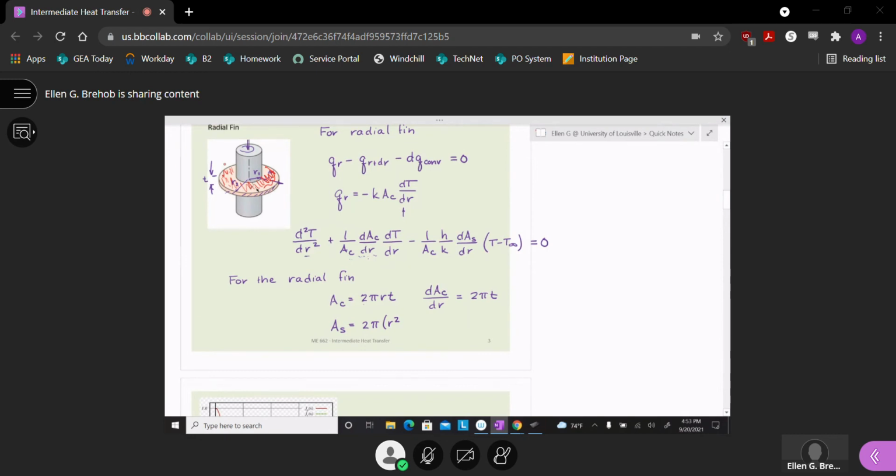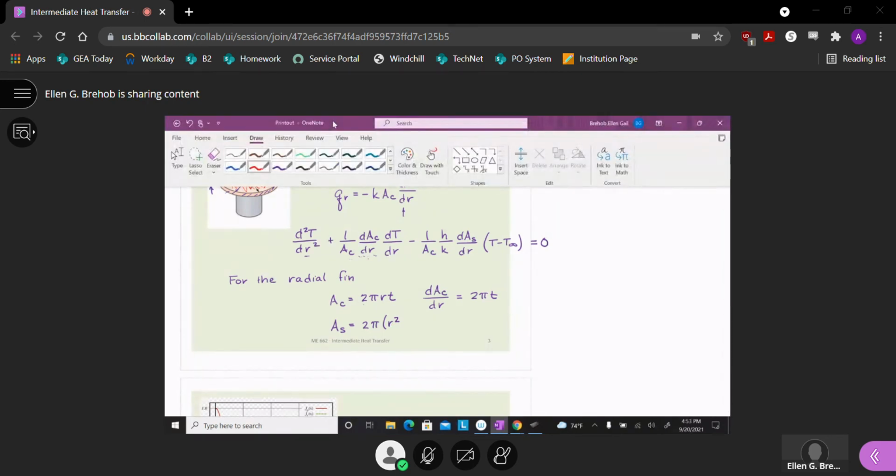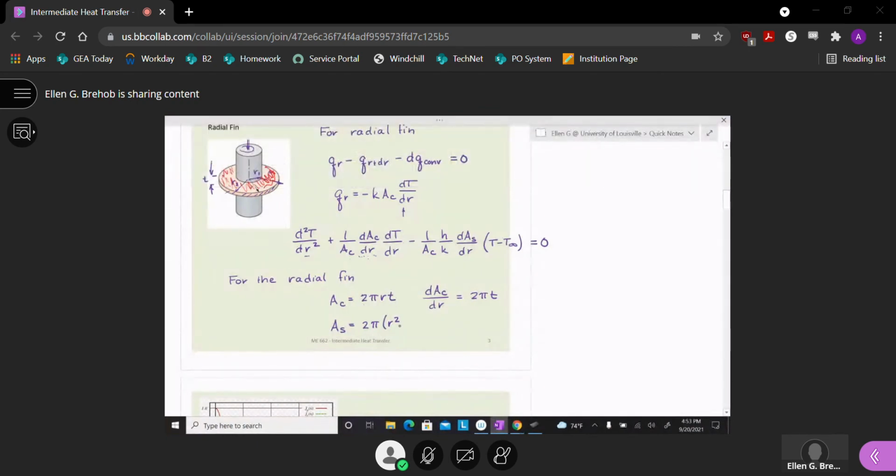We are going to assume an adiabatic fin tip, so we're not going to consider the tip. So pi r squared gives me the surface area, and the 2 gives me the top and the bottom. But then I have to subtract off what is taken up by the pipe, that inner tube. And if I take the derivative with respect to r, I get a 4 pi r.